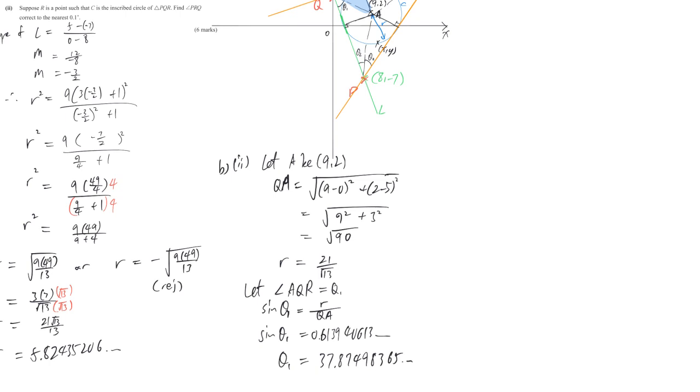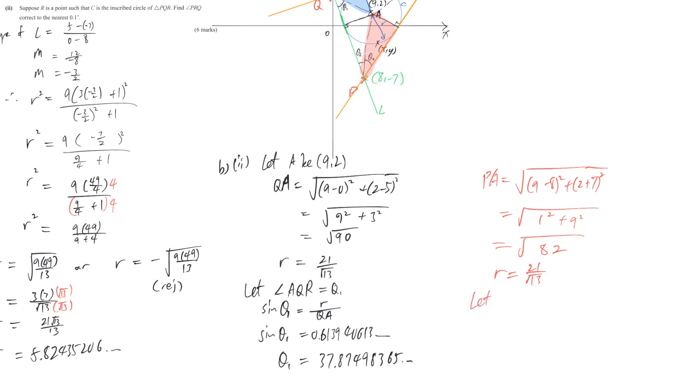After that, we are going to do the same for theta 2 here. This time I consider this red triangle. I can find the direct distance between P and A, and I also have the radius, so it's possible for us to find theta 2. We get PA directly: (9 minus 8) squared plus (2 minus -7) squared, so PA is square root 82. For a similar reason, R is equal to 21 over square root 13.